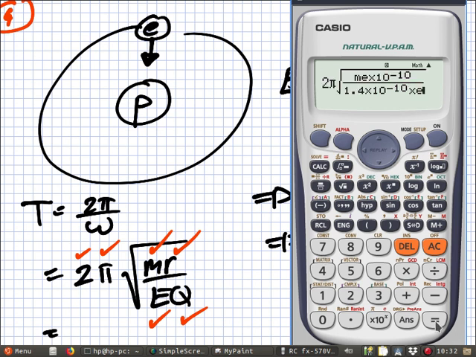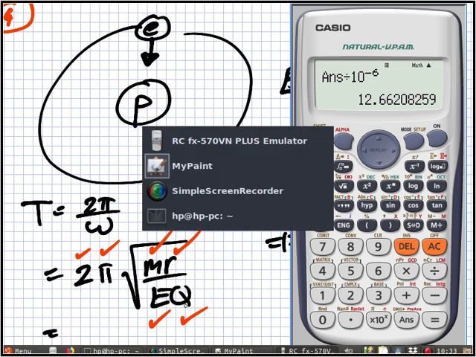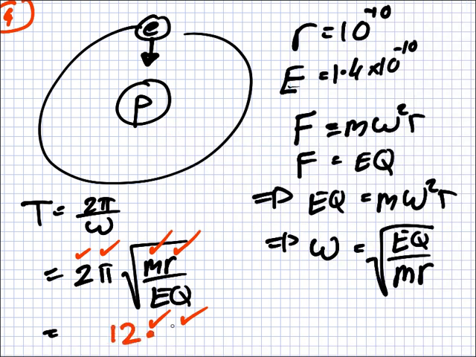So the time is... Oh, sorry, Matt, you didn't get it. I'm going to write this as microseconds. It's 12.66 microseconds. So that's 12.7 microseconds.